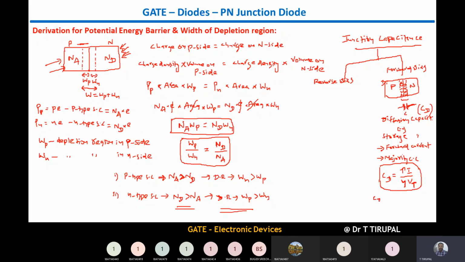Diffusion capacitance is directly proportional to I. If forward current increases, diffusion capacitance also increases.